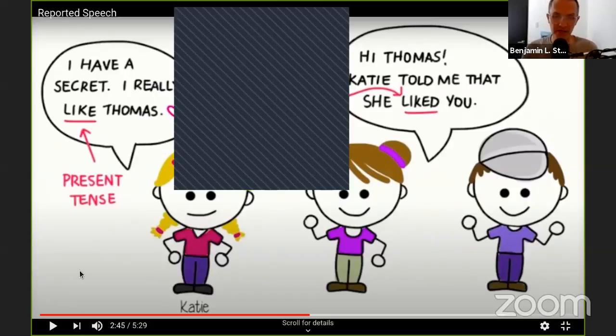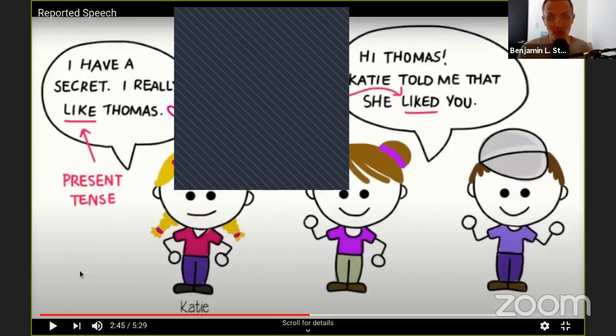We're going to find later in a few minutes that you can also use the same verb if what the person is saying applies to the present, that it's still true. It's something that still is a fact. In this case, this doesn't necessarily mean that she doesn't like you anymore. You could say this and still imply that she still likes Thomas, right?